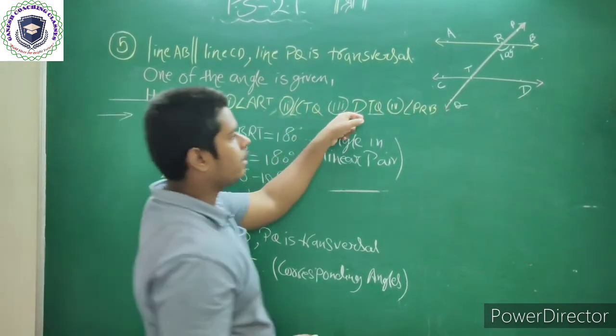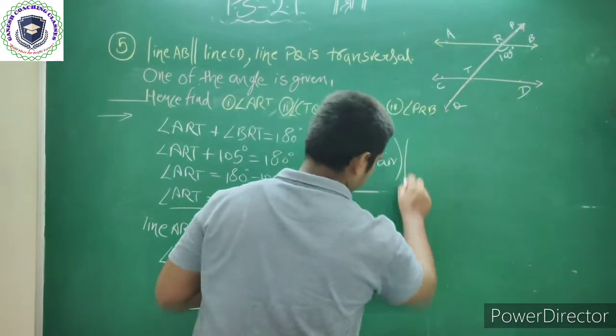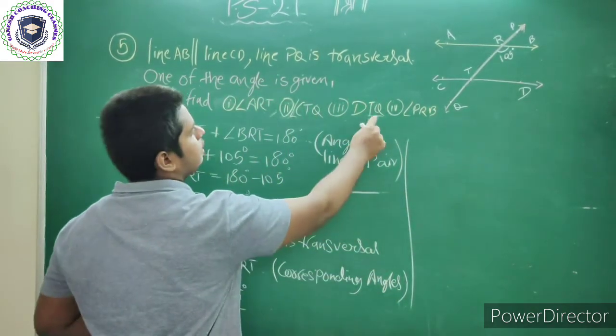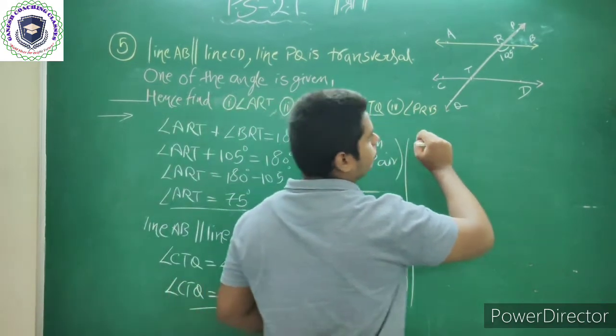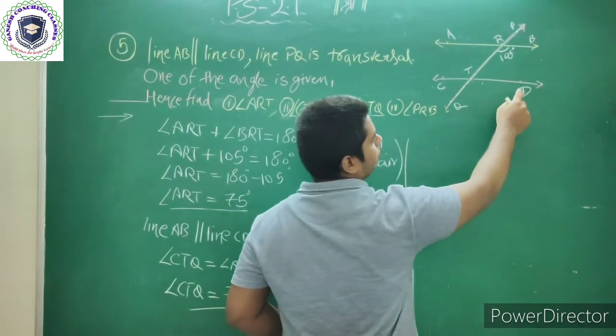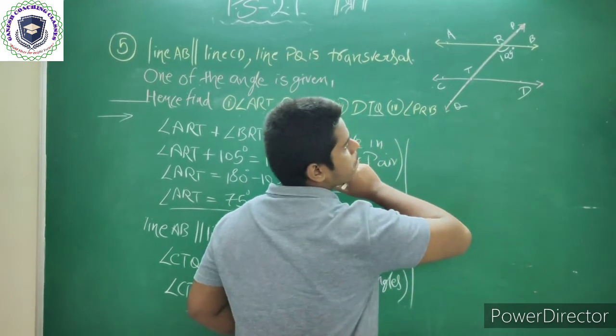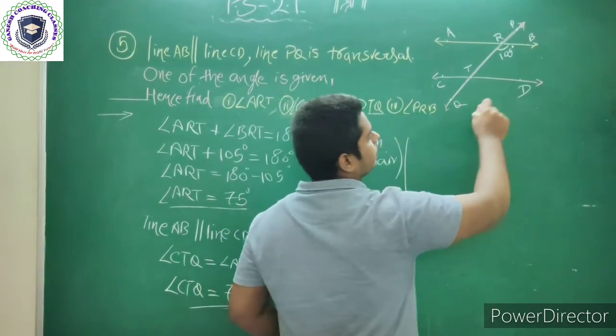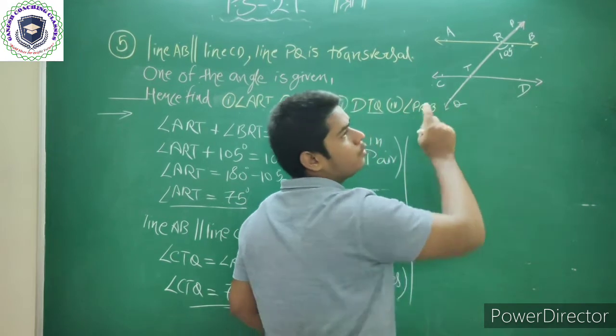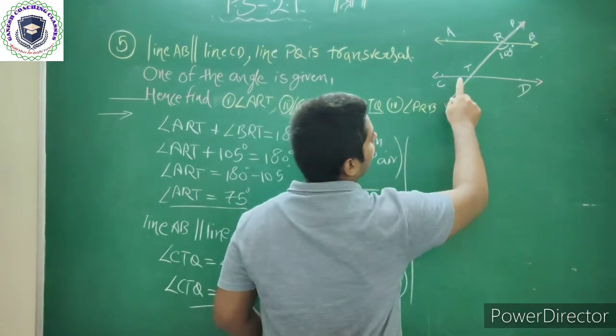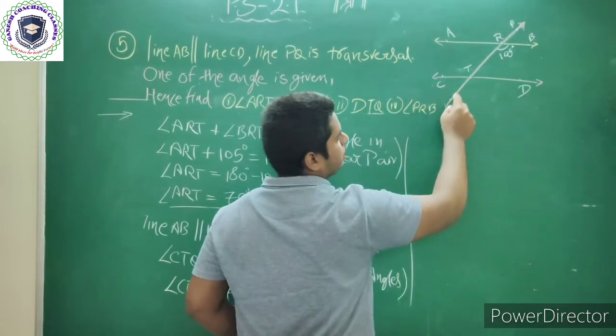Now we have to find the remaining two angles. Here DTQ. First of all, we have to trace where DTQ is. We can find the measure of DTQ by two methods. We have already found the value of CTQ.